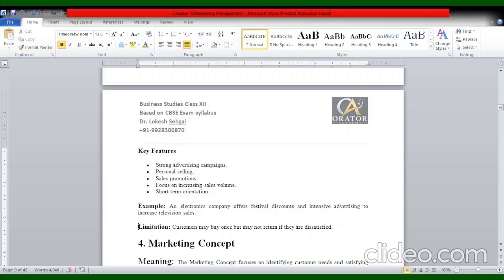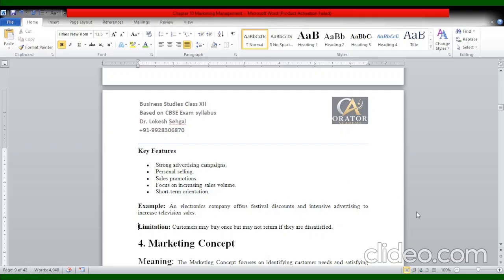Definitely you are engaged in offering festival discounts or intensive advertising, but if you are not providing quality, then the customer would be dissatisfied and would not give you repeat sales or repeat purchase. So this limitation is quite important. You can persuade the customer to buy once, but if you want them to continuously buy from you, you should make them satisfied through the product, its features or your product performance.